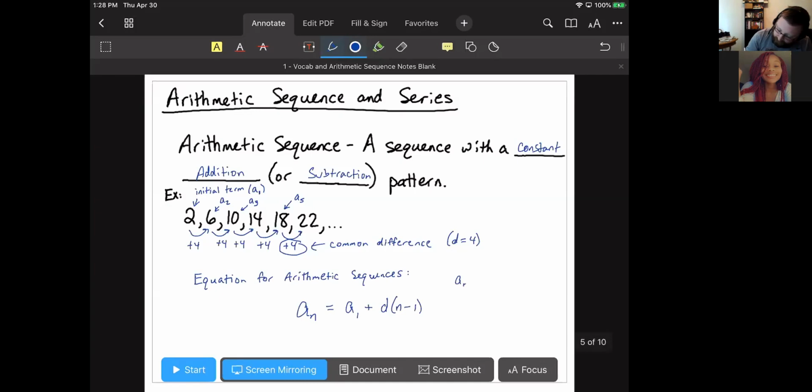So a sub n is the nth term. A sub 1 is the first term, or initial term. D is the common difference. And n is the term number.